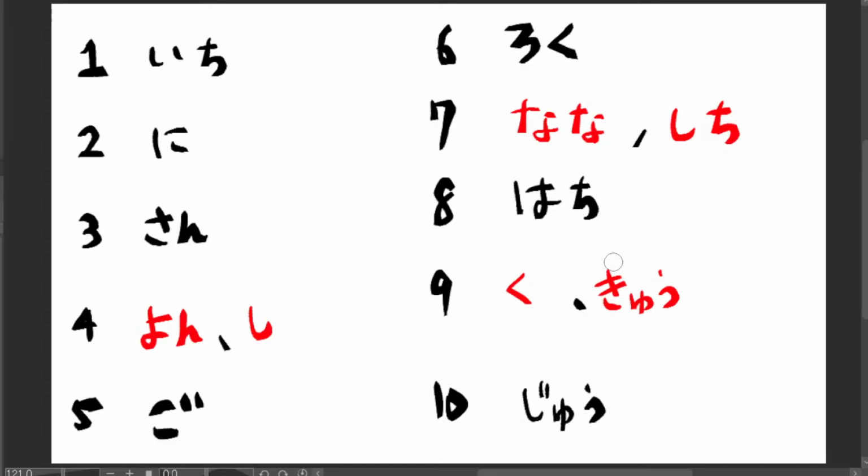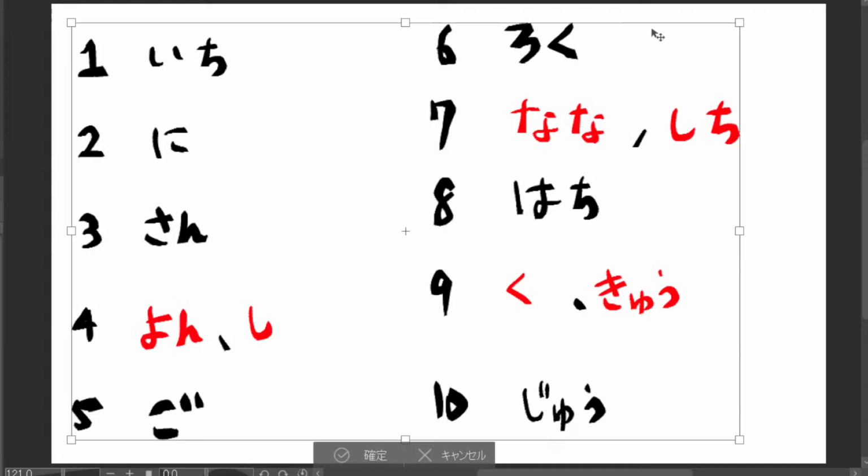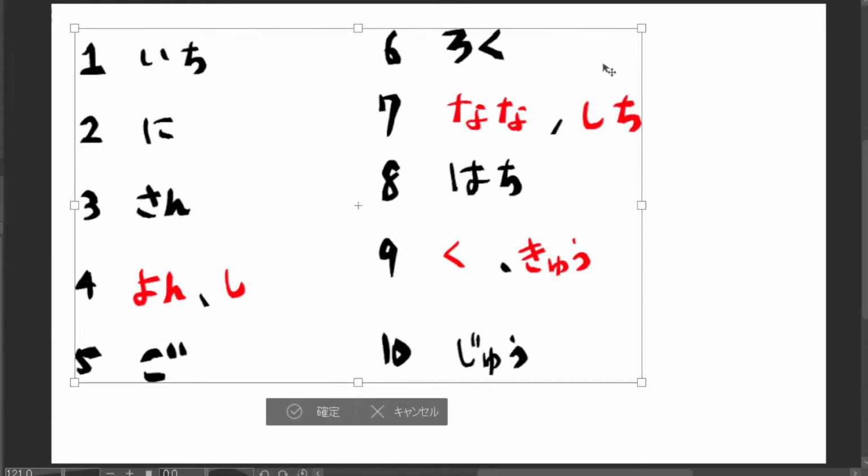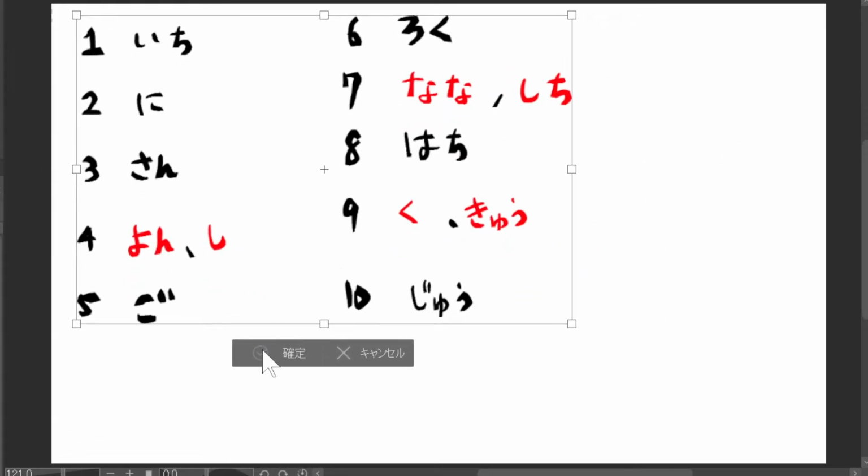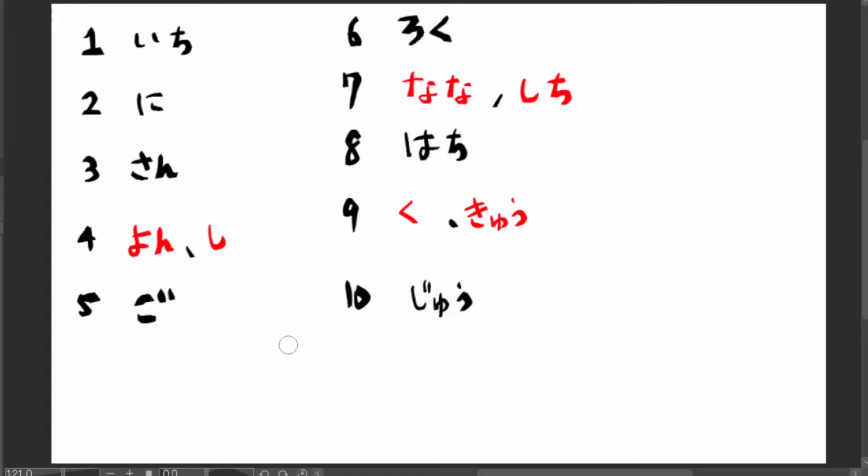Okay, and for the numbers after 10, 11, 12, 13, and 20 until 100, the rules are always the same.